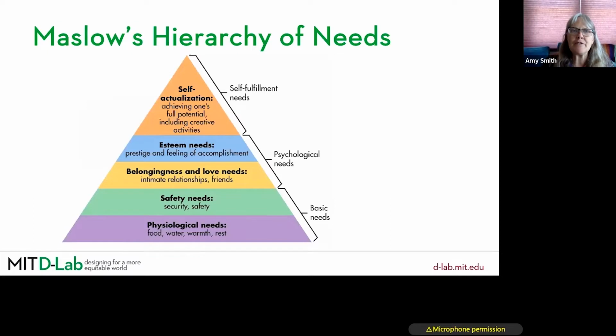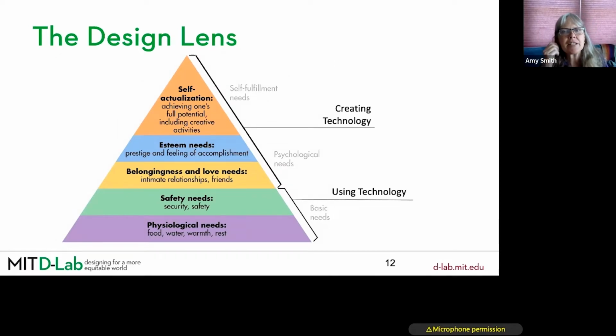Looking at it from a different way, Maslow had a way of describing human needs that are put together in this pyramid, where we can talk about our basic needs, our psychological needs, and the needs for self-actualization, fulfilling our potential, etc. And if we look at this with a design lens, the basic needs really can be met by using technology.